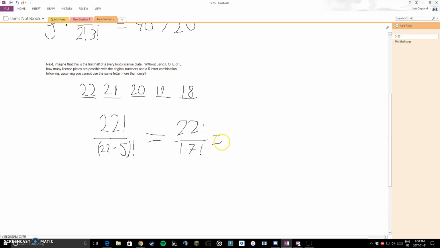And if we were to write this out, it would come to the point where this would be 17 factorial over 17 factorial, which would basically cancel these ones and make it 22 times 21 all the way to 18.